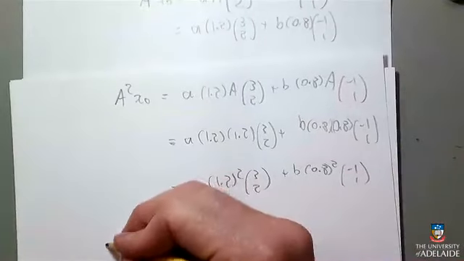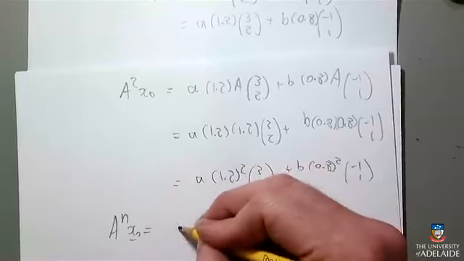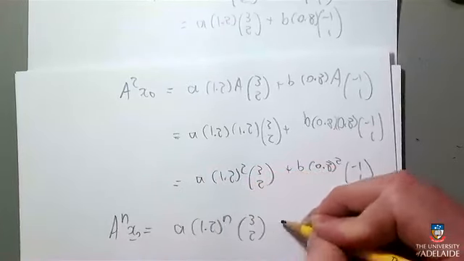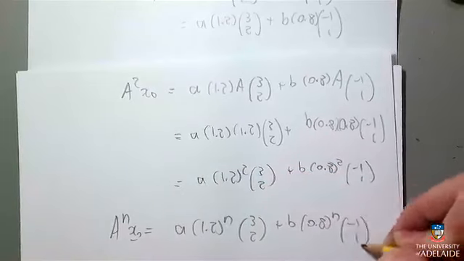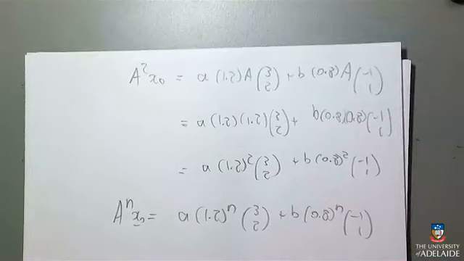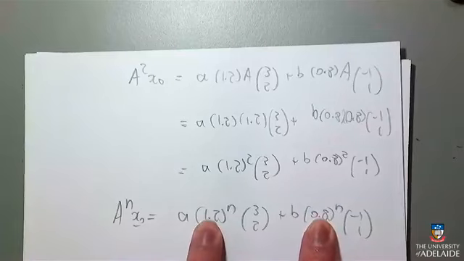And so we're going to get that A to the n times x naught is A 1.2 to the n, 3, 2, plus B 0.8 to the n, minus 1, 1. And then the same trick I mentioned earlier is going to happen. As n gets bigger and bigger, that number's going to get bigger, and that number's going to get smaller and smaller. So if they were both under 1, then the entire thing would go towards 0.